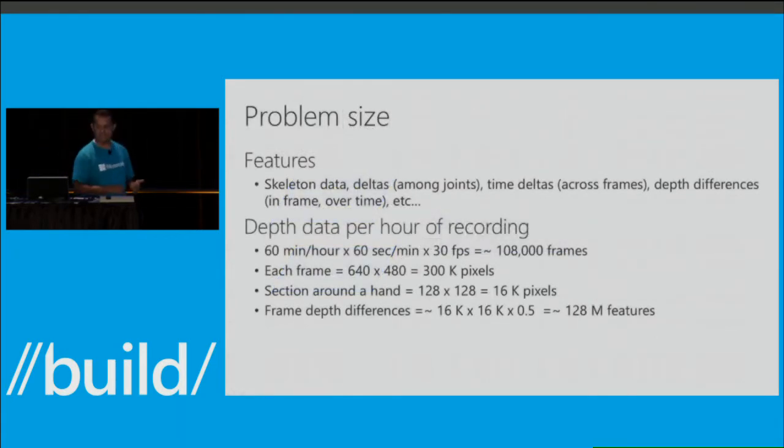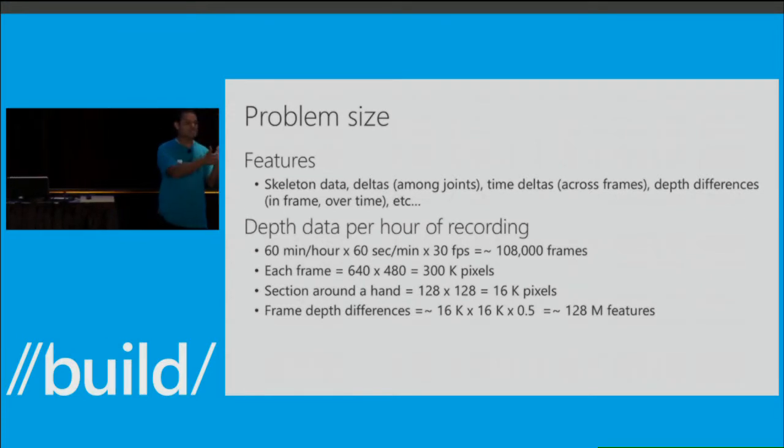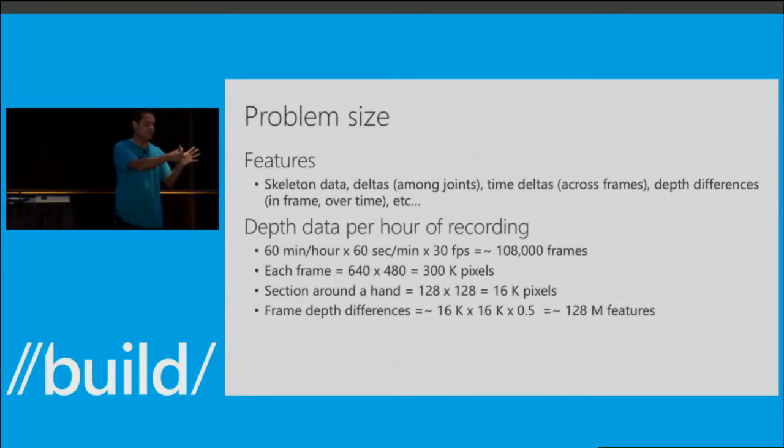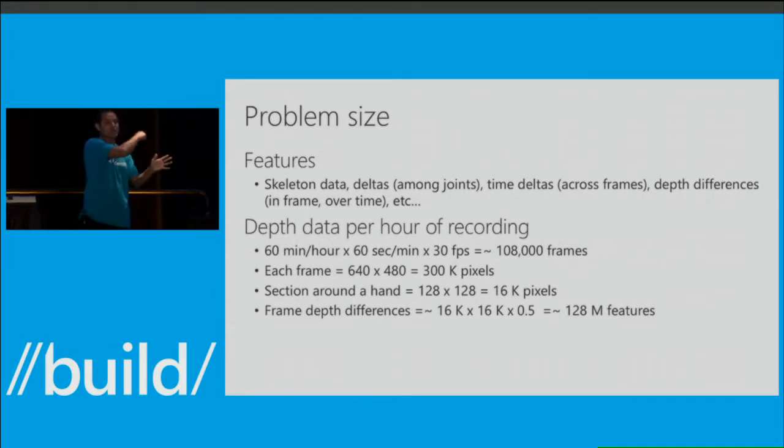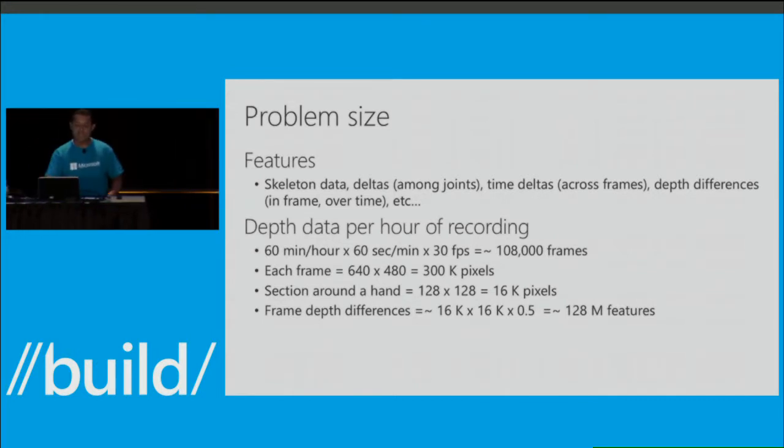We had all those features, the skeleton data, also the deltas, the delta meaning the difference between the position of this hand now and 1, 2, 3 or more frames ago is important, the depth differences, and if you make a small calculation, you will find that in an hour that has 60 minutes, and at 30 frames per second, I have 108,000 frames.